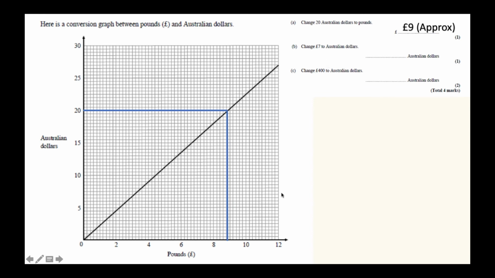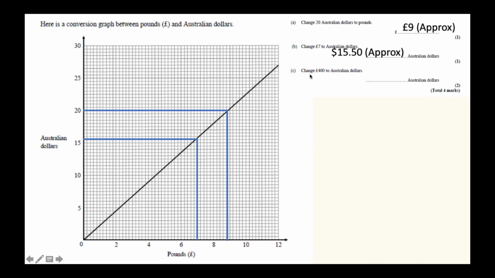So this time we'd go to pounds on our axes at the bottom, £7, up to our diagonal line and across here. So it looks like that would be about $15.50 or something like that, because in the middle there would be $17.50. So here it'd be about right. They are looking for an approximate answer, don't panic.